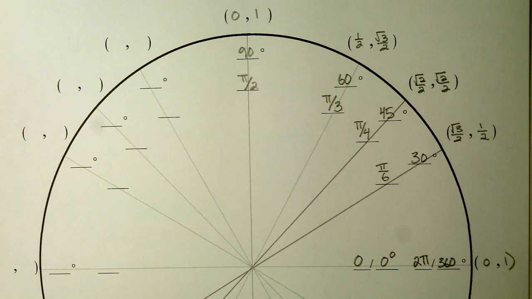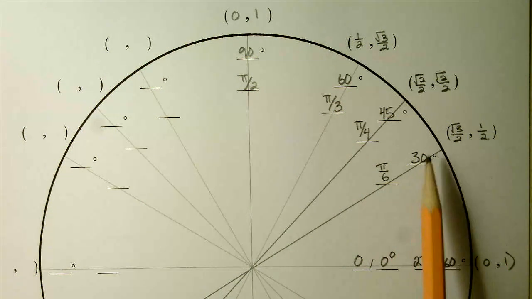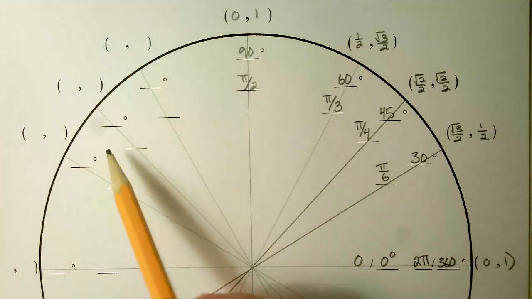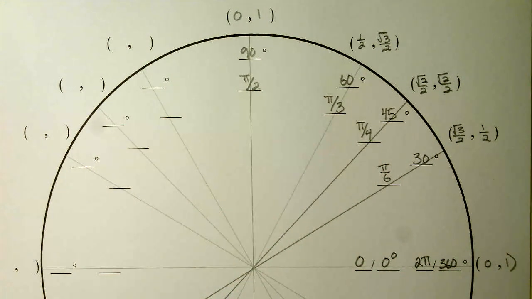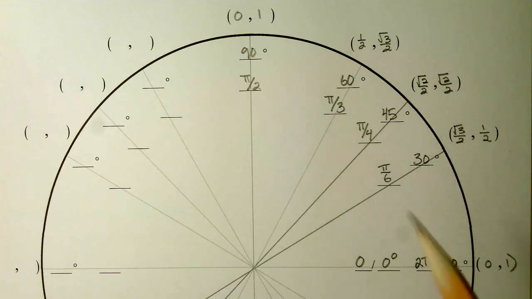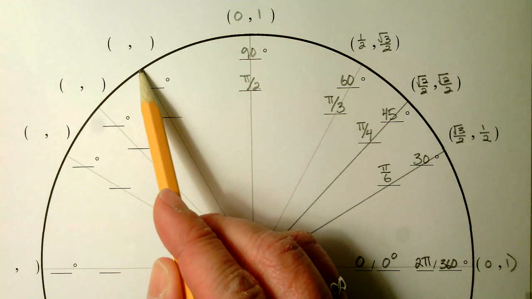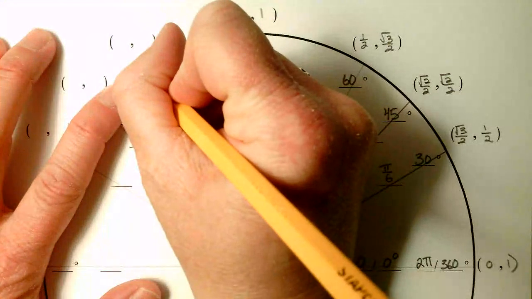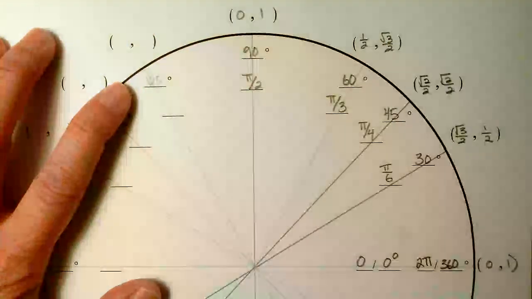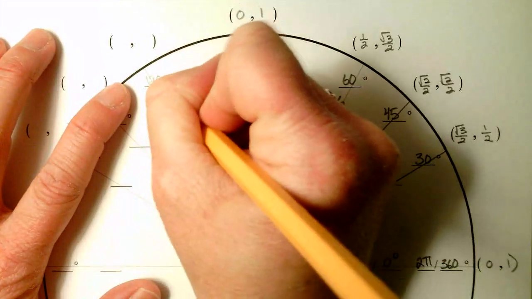Okay, so hopefully you found the same values as I did. We're going to talk about how we can use these values and reflections across the x-axis and across the y-axis to find all of our other points. So if we look at the point right here, I remember that that is equal to 120 degrees or 2 pi over 3.